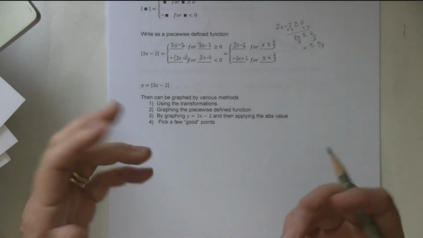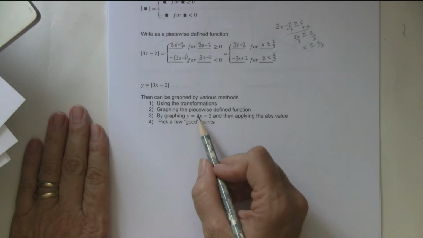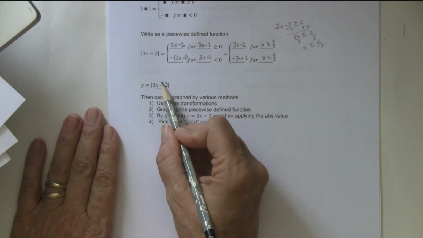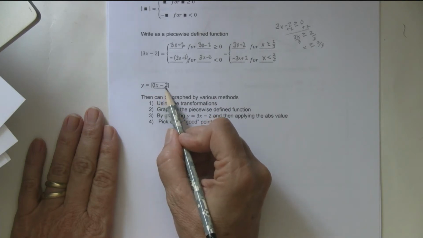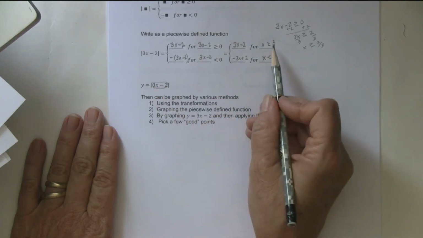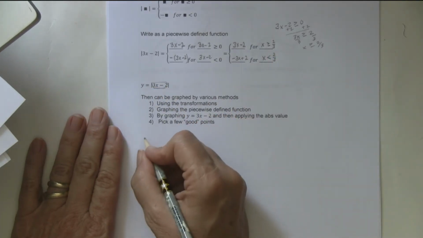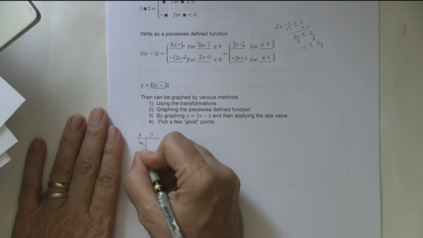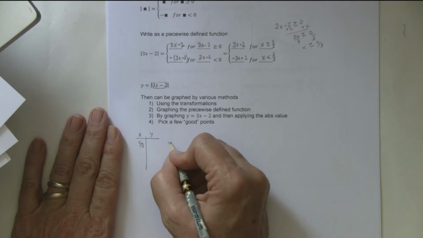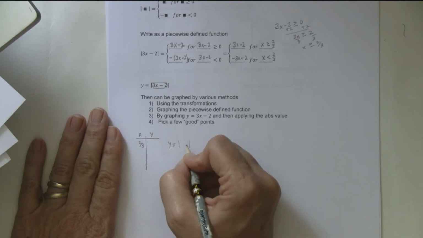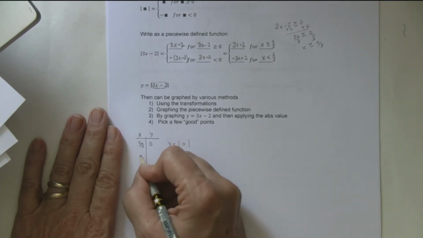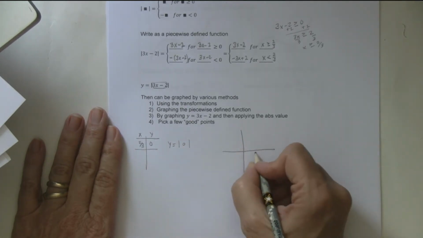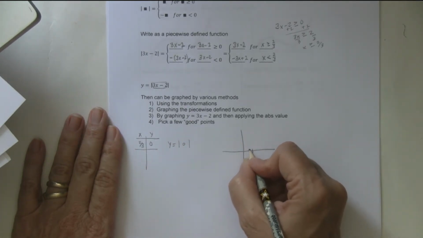So you kind of know some things about the transformations whenever you're picking points. For me, a good point to pick is where the inside right here is 0. And we know where the inside of this is 0 is at 2/3. So I would probably pick 2/3. And then this would be y equals the absolute value of 0, which is 0. So now I have here's 1, and here's 2/3, just right there.